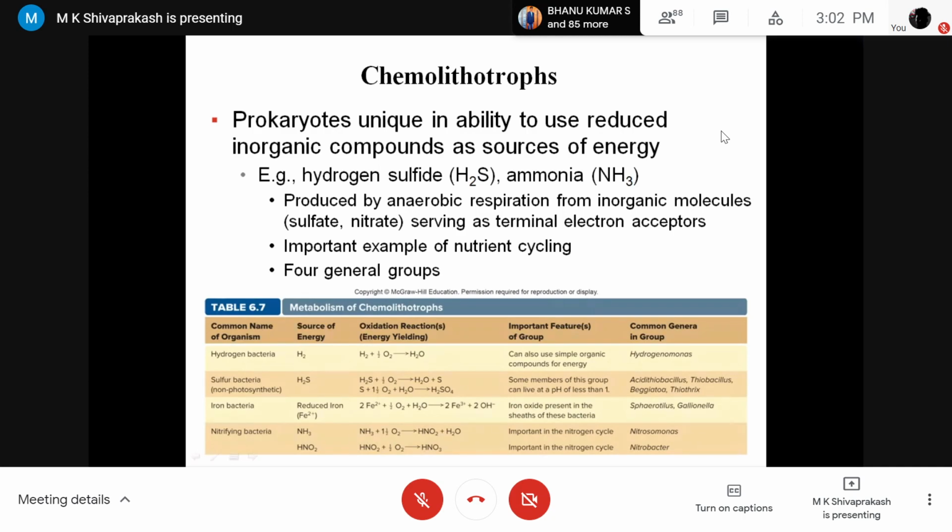They represent only prokaryotic organisms, only in bacteria do you see this kind of organism. They are unique prokaryotes which can use reduced inorganic compounds as a source of energy, like hydrogen sulfide in sulfur oxidizing bacteria and ammonia in nitrifying bacteria.